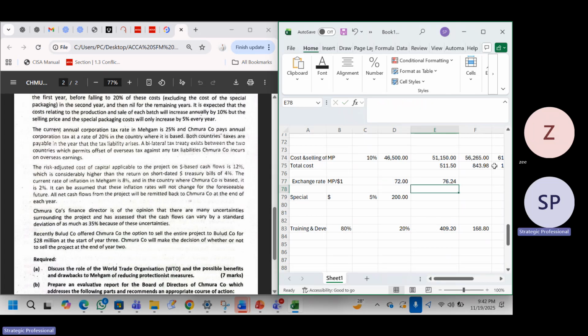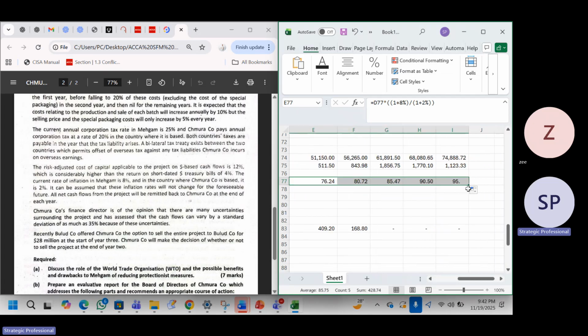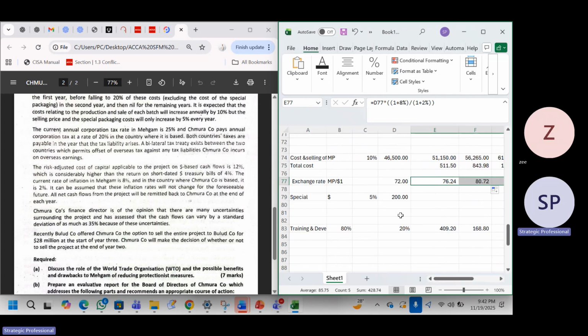So we have this, right? We have 76.24, and you can drag it right up. It should give us the rest. And automatically we can solve this one, right? So this one now, don't forget that it's growing by 200. So you have to be careful. 1 multiplied by 1 plus this 5%, right?